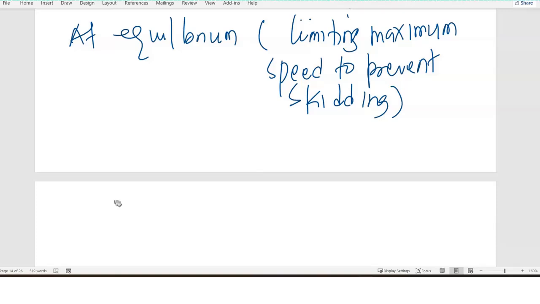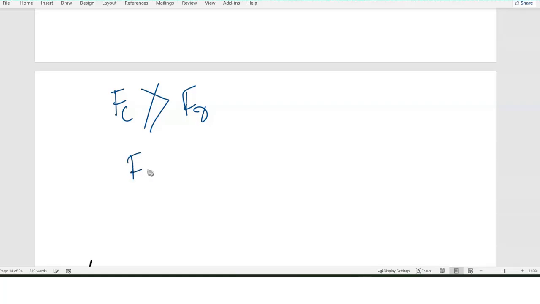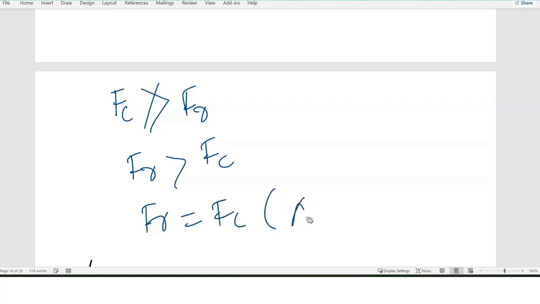Therefore, Fc must never be greater than Fr. In other words, Fr will always be greater than Fc, that is to avoid skidding. So at equilibrium, Fr will equal Fc.